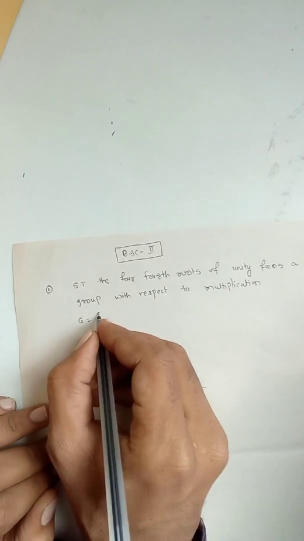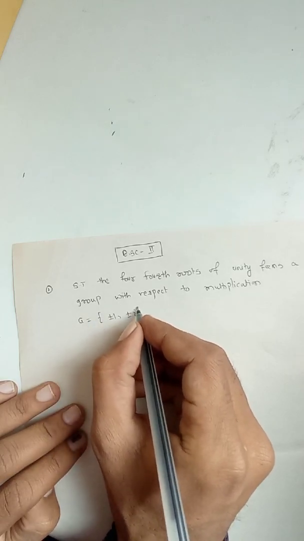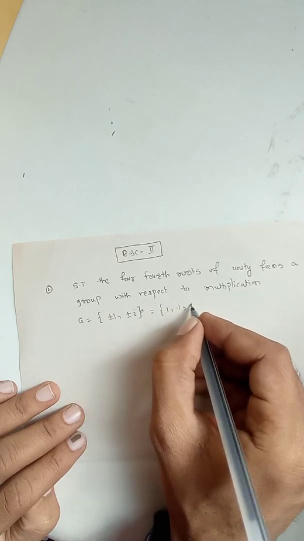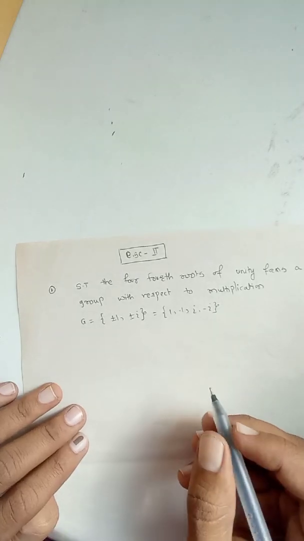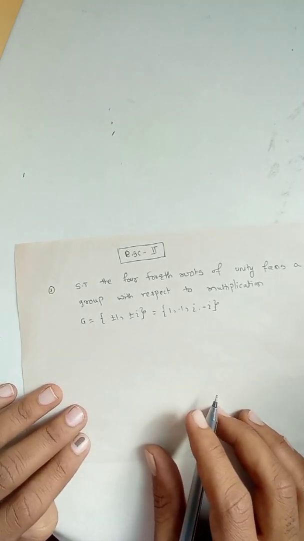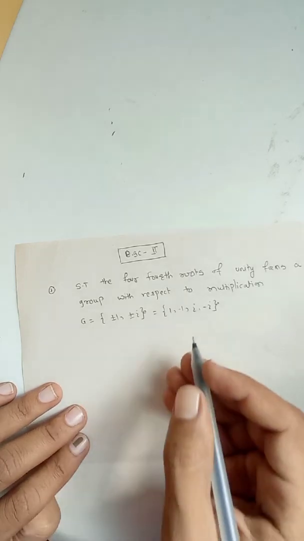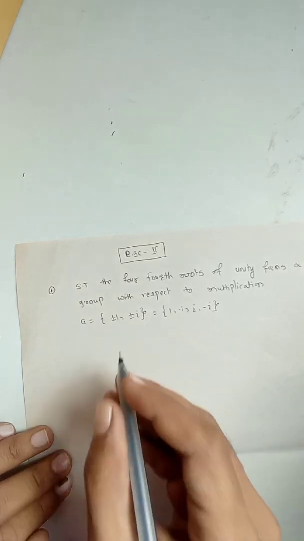Now G is the set of all fourth roots of unity, which is equal to {1, -1, i, -i}, which contains 4 elements. Now we are going to discuss how the composition table is formed by these 4 elements of the group.